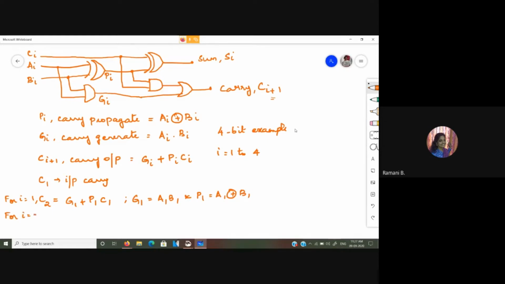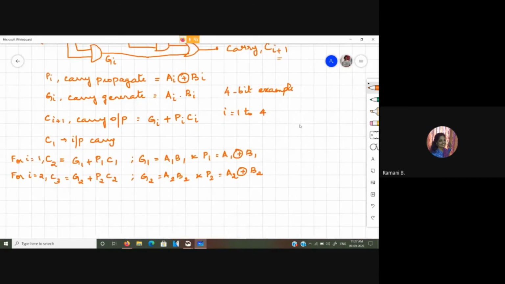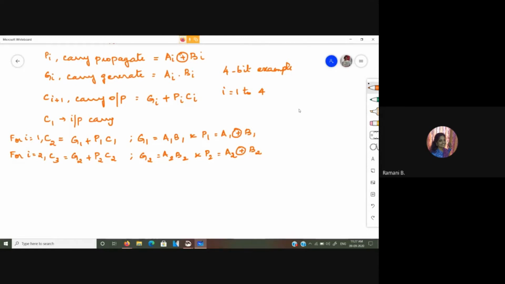For i equal to 2, C3 is given as G2 plus P2 C2, where G2 is A2 B2 and P2 is A2 XORed with B2. Now here you need to substitute C2 from this one. Otherwise, it will again be waiting for the computation of C2.